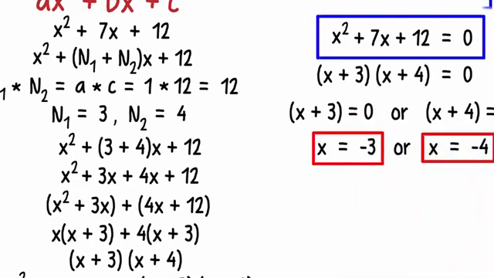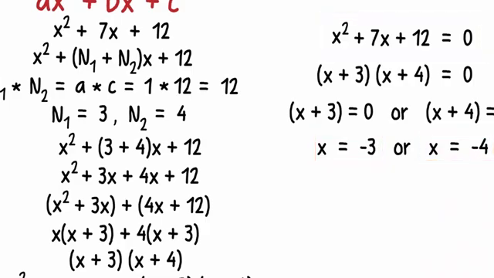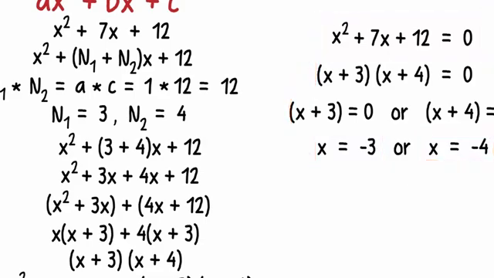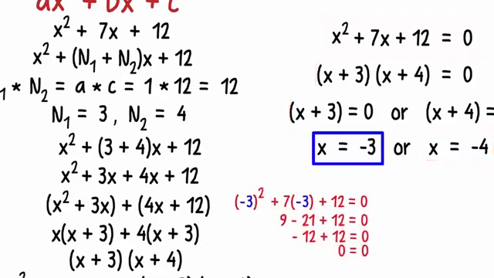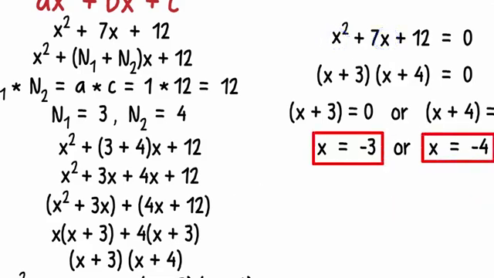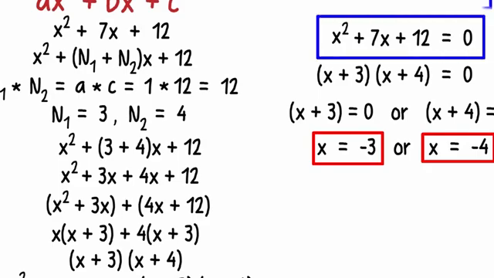If we apply the same concept here, we can say that either x plus 3 equals 0 or x plus 4 equals 0. Transposing the constants to the right, we can say that x equals negative 3 or x equals negative 4. These are the roots of this quadratic equation.